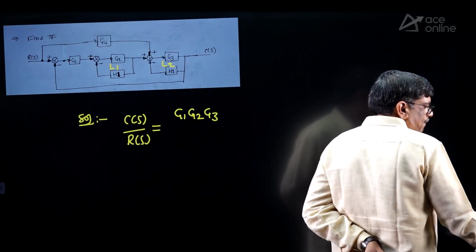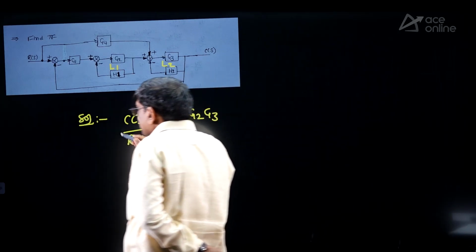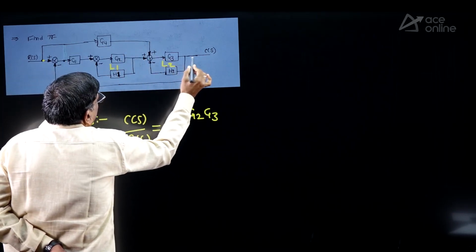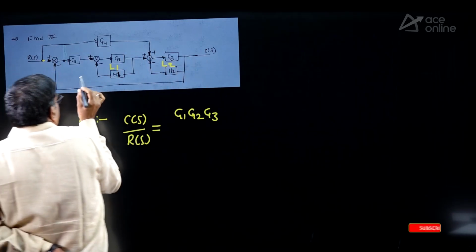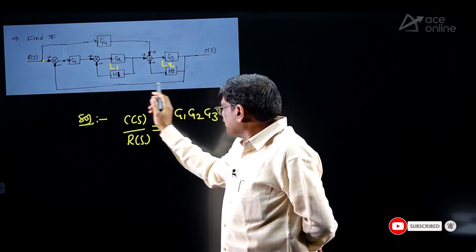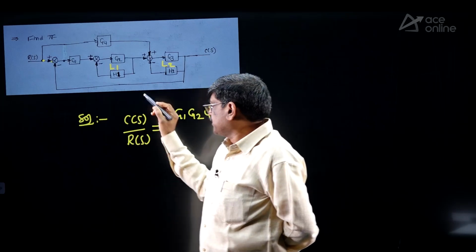Only 3 loops. The fourth loop is not possible because you cannot come back here. If you start here, you can go like this, but you cannot come back, because the direction is opposite. So only 3 loops are there.